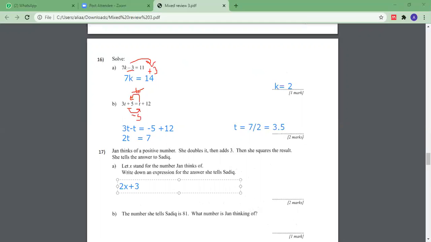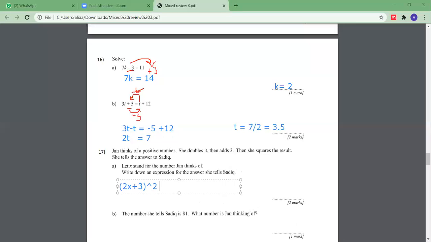Then she squares the result. So the result is 2x plus 3. I will put them in brackets and I will put the square here. So write down an expression for the answer she tells.